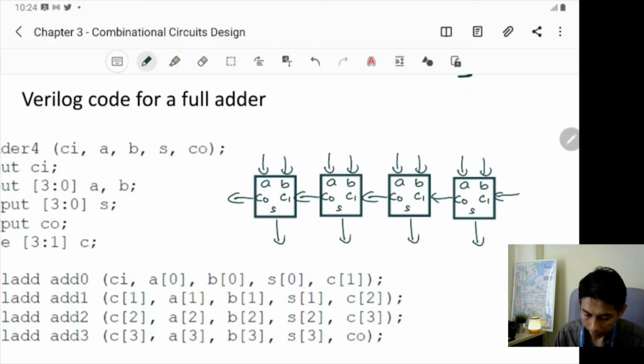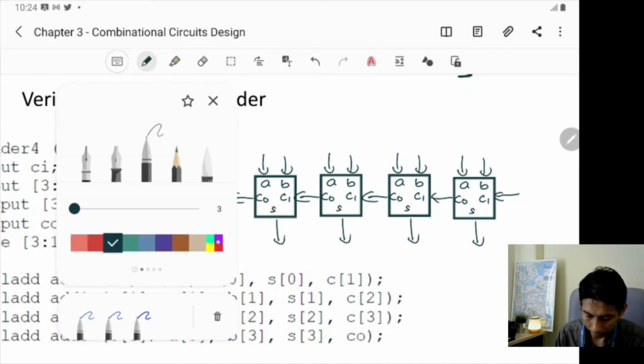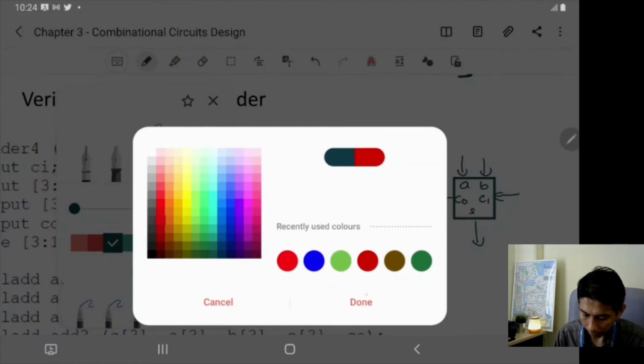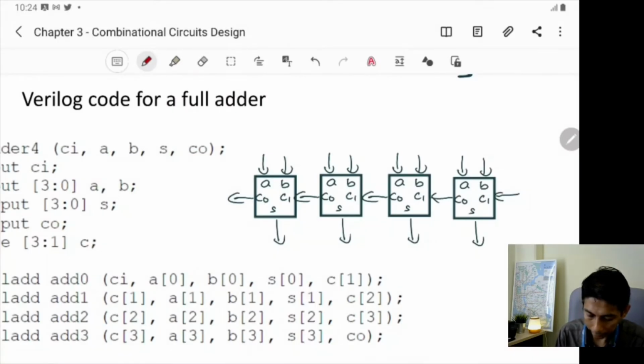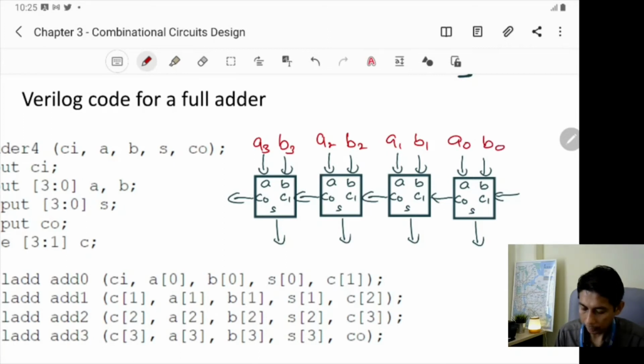In the new circuit, we call this A3. This one is B3. This one is A2, B2, A1, B1, A0, B0. And this we call C out.